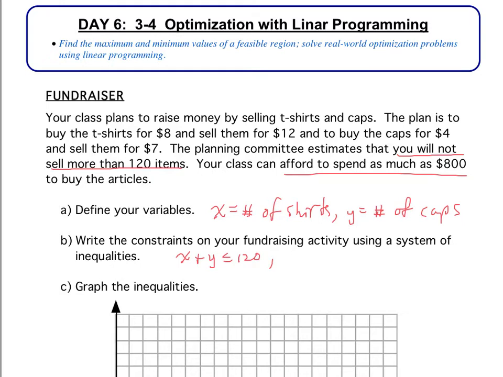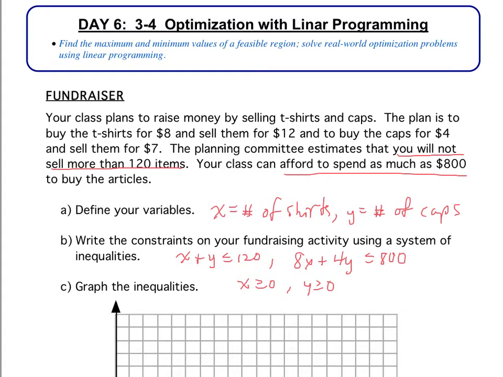So just remember that your t-shirts cost $8, so that would be 8x. Your caps cost $4, so that's 4y. And it has to be less than or equal to $800. Again, like we did in the last example in the video, you need to have x greater than or equal to 0. You can't have a negative amount of t-shirts, and y greater than or equal to 0.